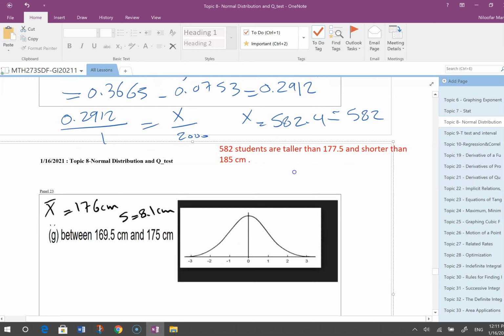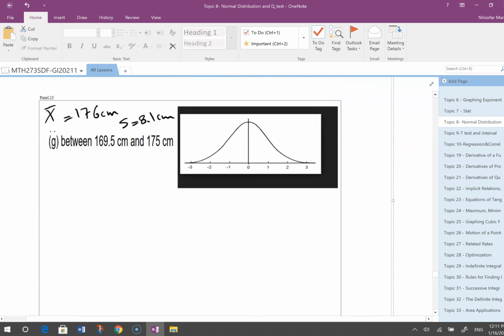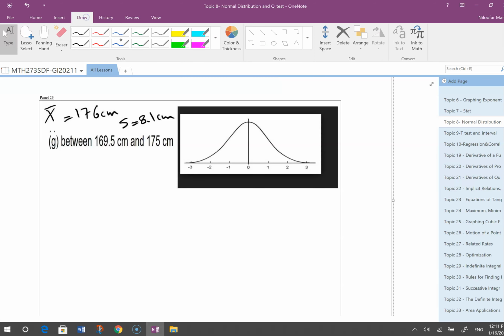Okay, the next one, which is the last question here, and after that I'm going to move to the Q test. See, it says how many people are between 169 to 175.